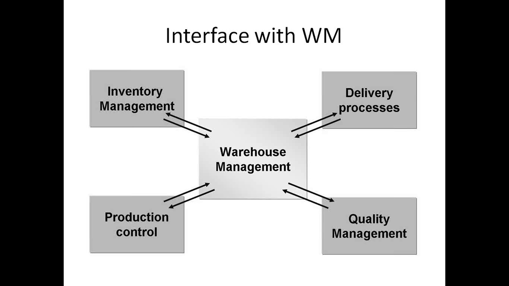One is production control, which is the production planning module, and quality management. So mainly MM, SD, PP and QM. These four modules are integrated with WM, and other modules have nothing to do with warehouse management. Mainly these are involved.